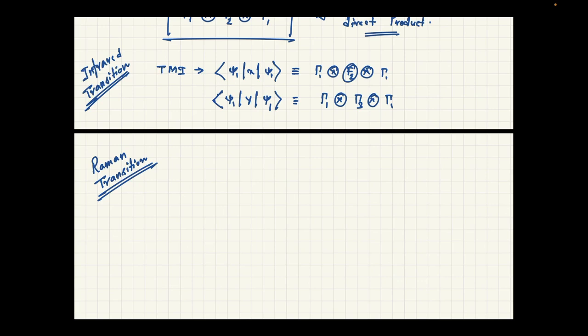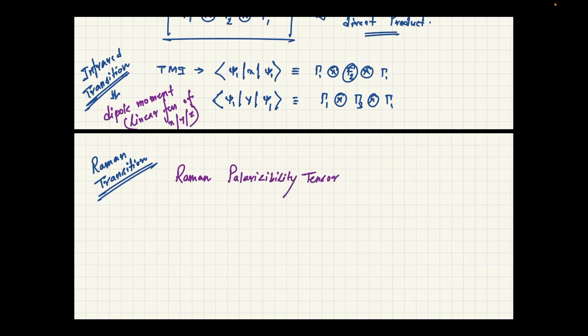Okay, so in infrared transition you are using dipole moment, which is a linear function of x, y or z. Now in Raman transition, you have to use the Raman polarizability tensor.